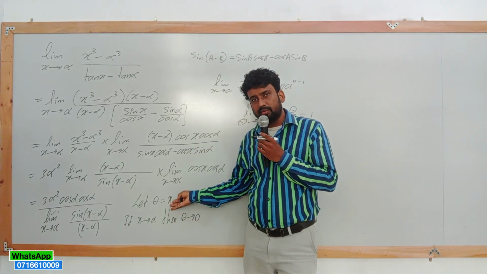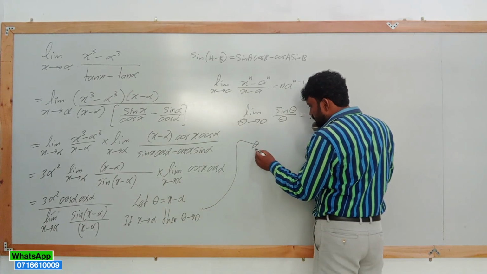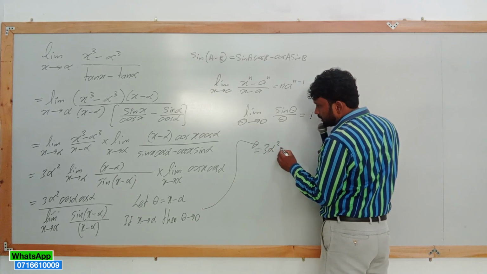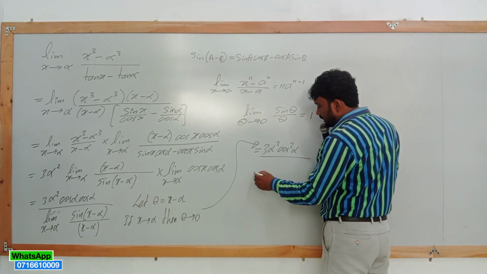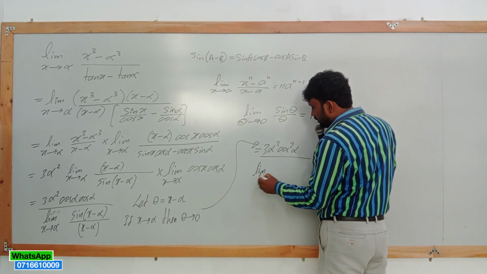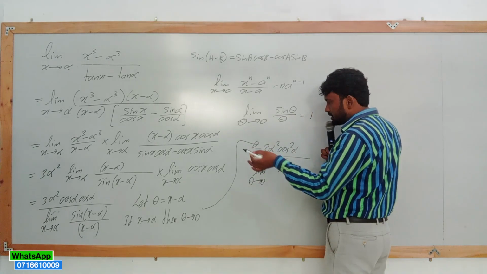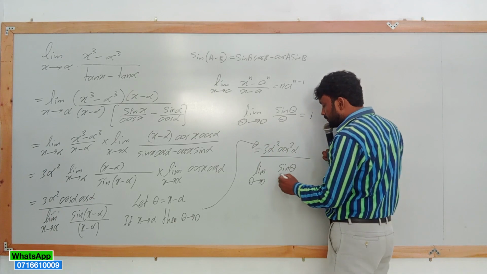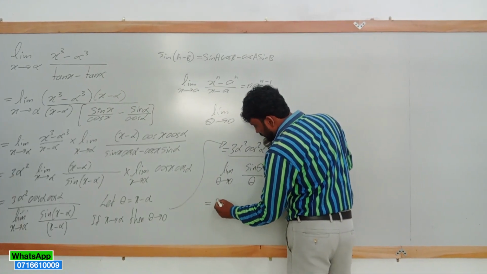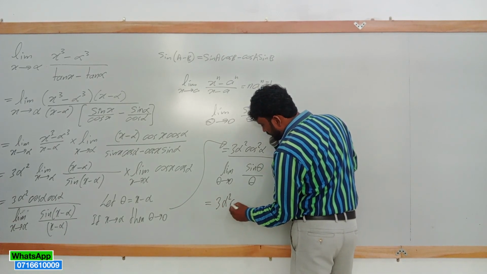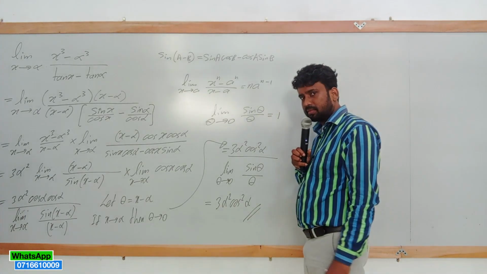You can take this one. Now here equals 3 alpha square cos square alpha, limit theta goes to 0. Here sin theta, x minus alpha equals theta, so sin theta divided by theta. Now you can take that as 1. Okay, then the answer is 3 alpha cos square alpha, that is the answer, right?